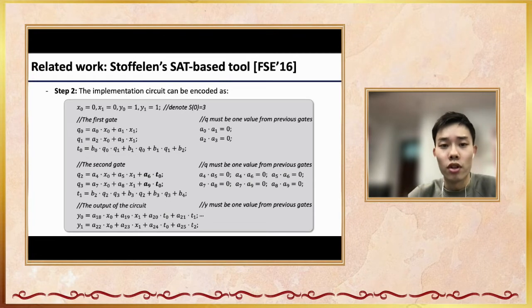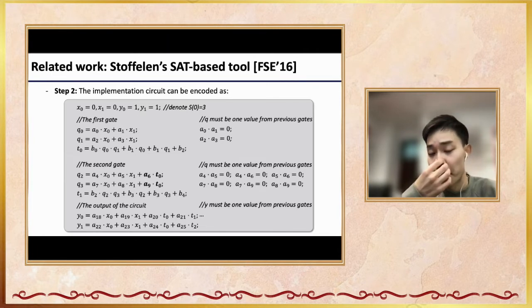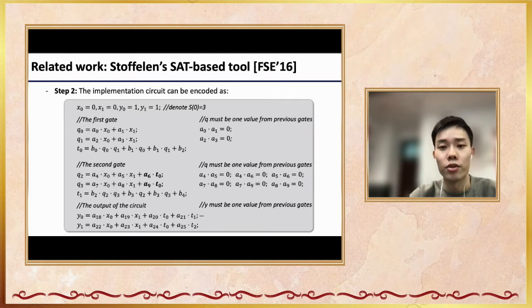Next, the inputs of gate T1 are Q2 and Q3, but Q2 can be one of X0, X1, or T0. The output variables Y are similar to Q. They should be one value from previous gates. Note that this set of equations can only encode that S0 is equal to 3. We need another 3 sets of equations like this to encode the 2 bits S-box.